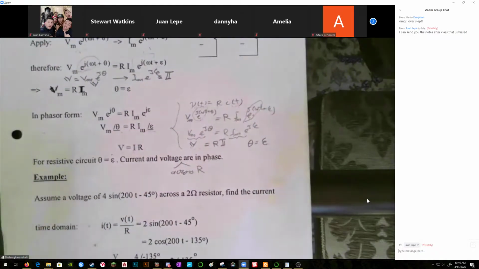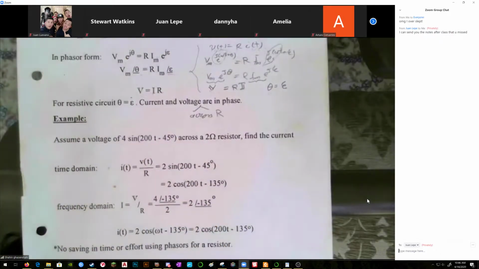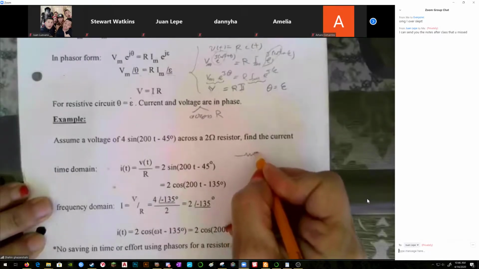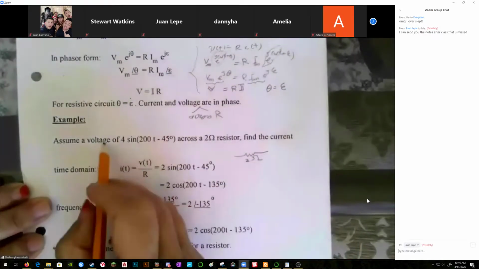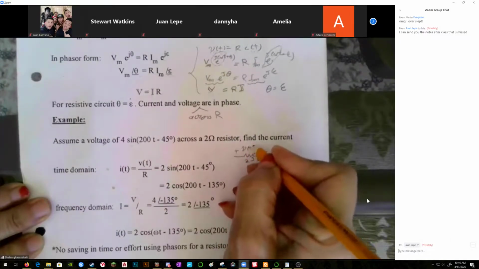Okay, but what happened for, let's just do one example here, and then you will see. So it doesn't matter for the resistors alone to do it in the time domain or frequency domain. I don't save any time. But for inductors and capacitors, you're going to see you save that. Imagine that you have a 2 ohm resistor and they give you this voltage, V of t, and they ask you to get the current.